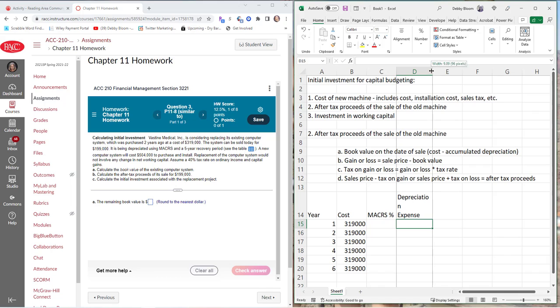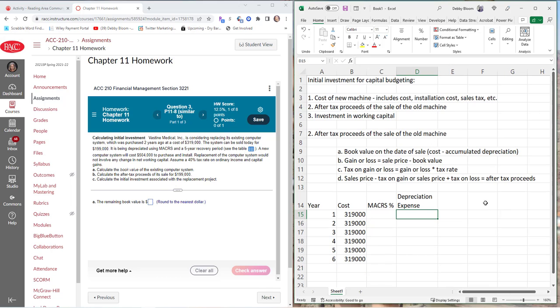Now we know that the depreciation expense adds each year to calculate the accumulated depreciation. And once we have the accumulated depreciation, it's very easy to calculate our book value, which is simply the cost minus the accumulated depreciation.